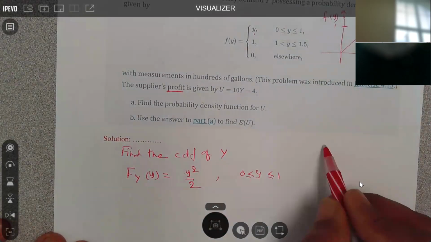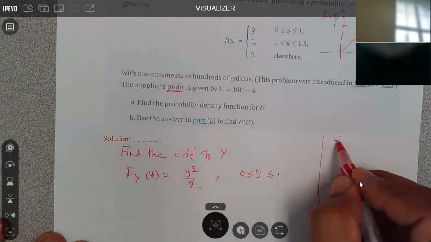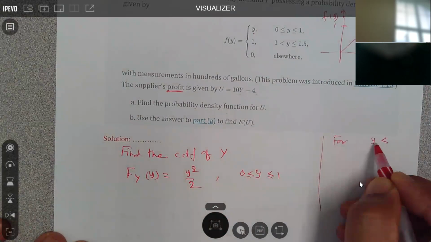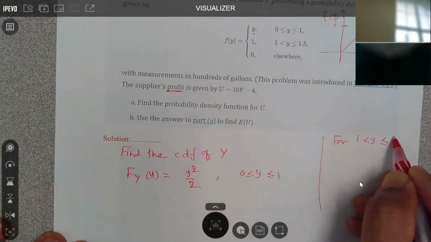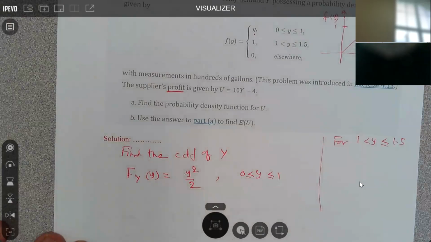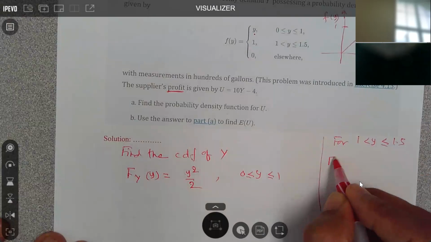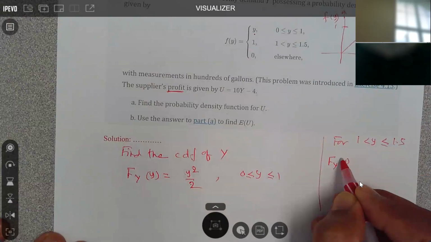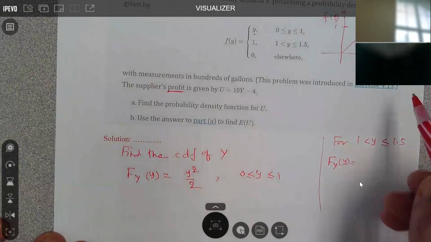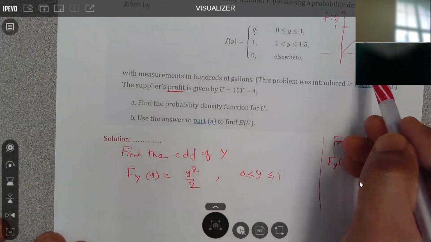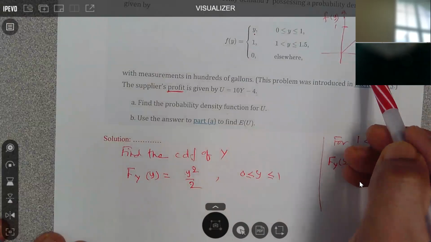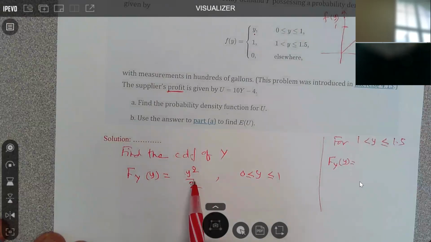Now you see here, for Y lies between 1 to 1.5, F_Y equals, now up to this point here, if you plug in 1 here, right?